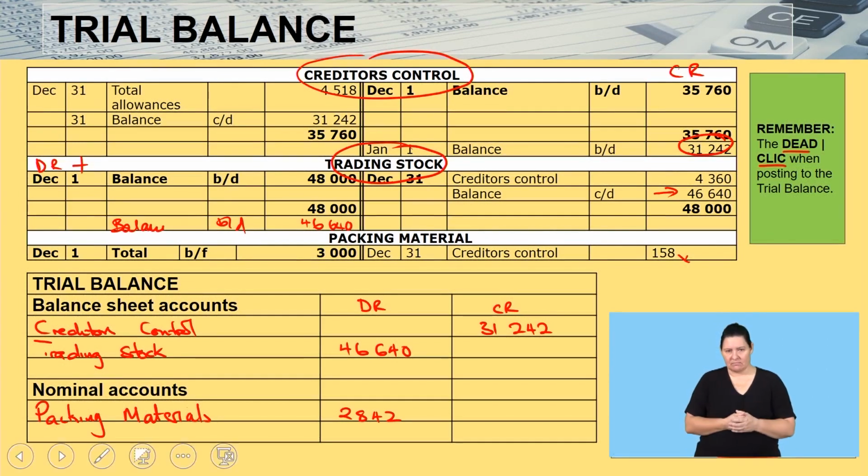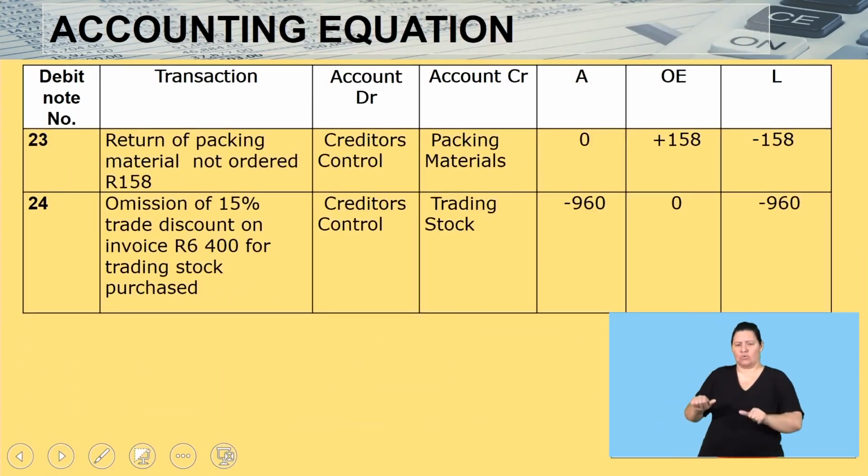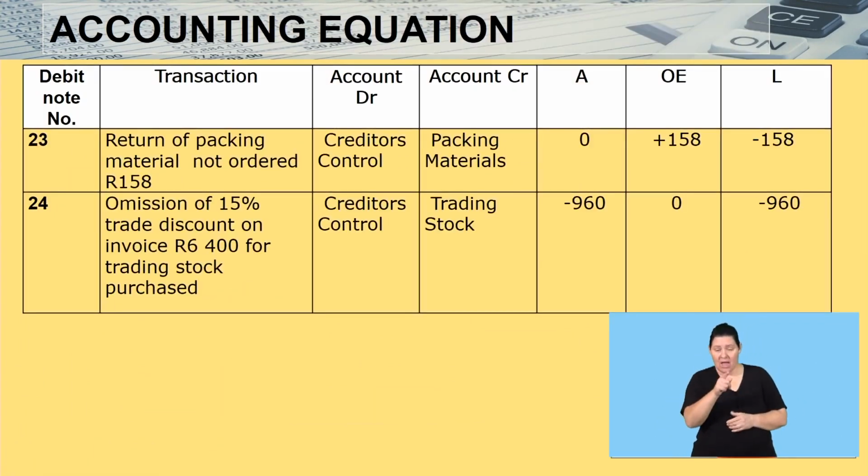Now, dear learners, we're now going to move on to the next aspect, which is how these transactions affect the accounting equation. Remember, your accounting equation is assets is equal to owner's equity plus liabilities, and it should balance. So here I have two transactions.